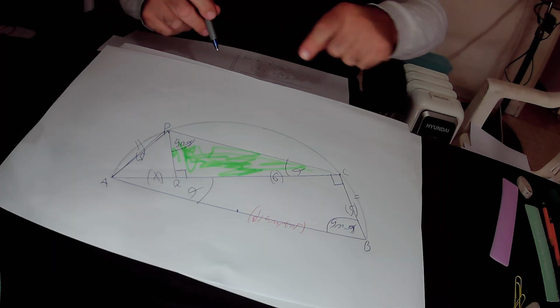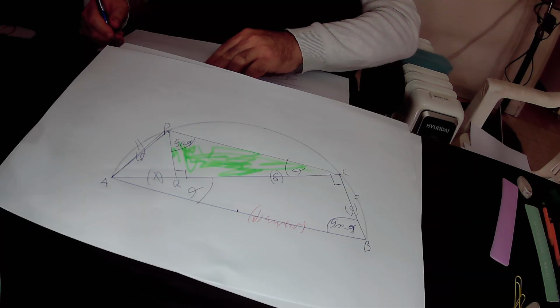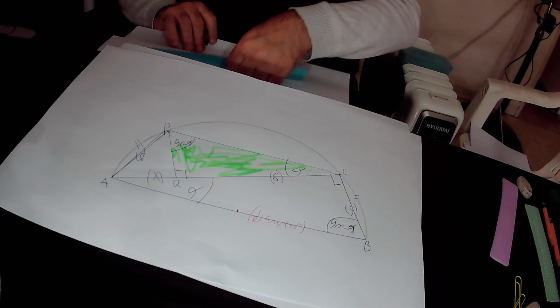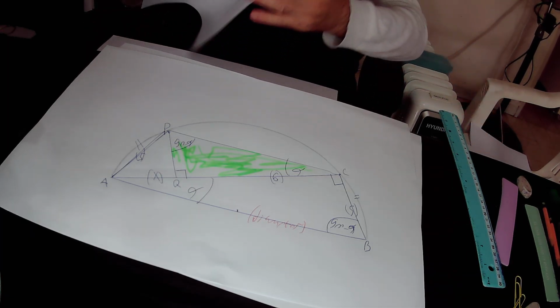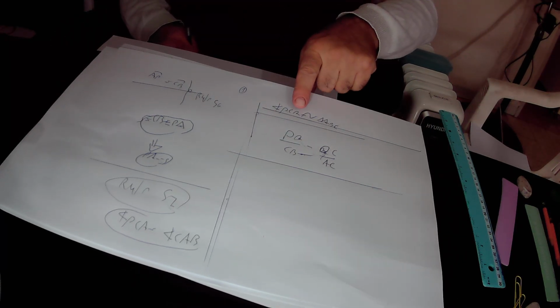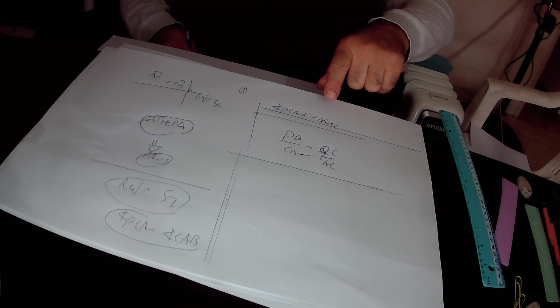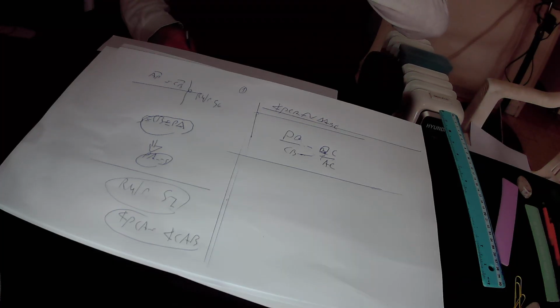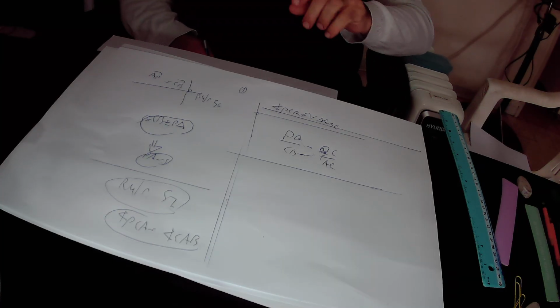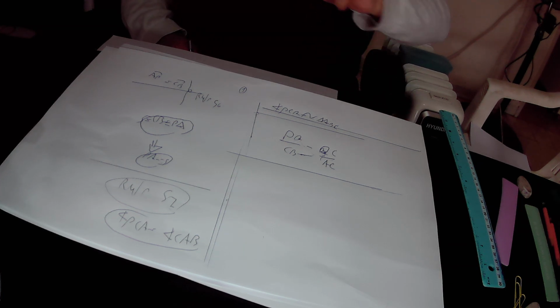And again, from the fact that those two right triangles are similar to each other, we derive that side PQ of the green right triangle PQC over side CB of the right triangle ABC equals side QC of the green right triangle PQC over side AC of the right triangle ABC.